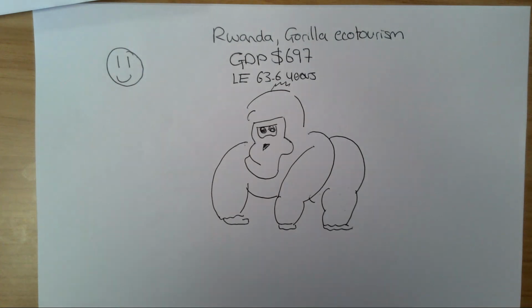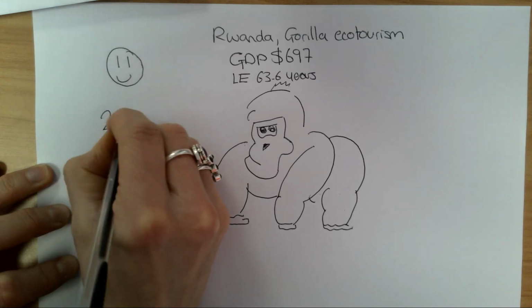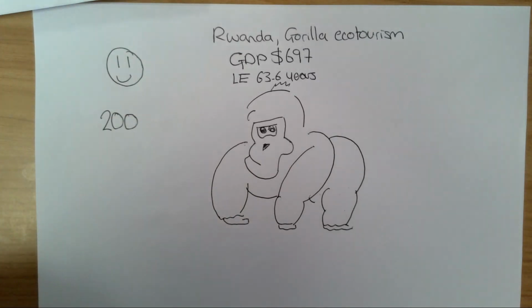On the left, we're going to look at the positives. So what has the gorilla ecotourism brought to Rwanda? Well, firstly, 200 direct jobs for people directly involved with gorilla tourism.